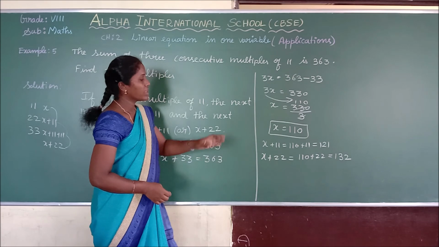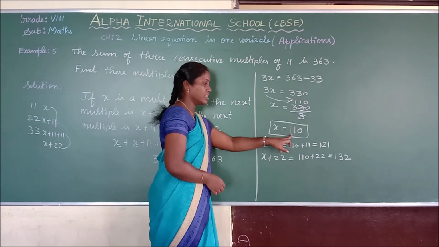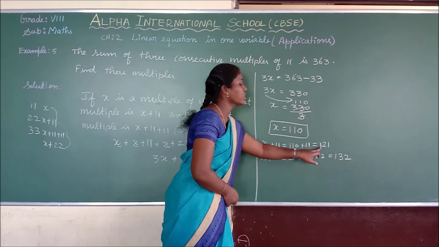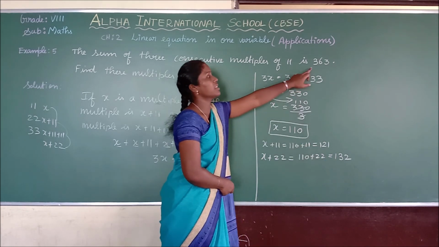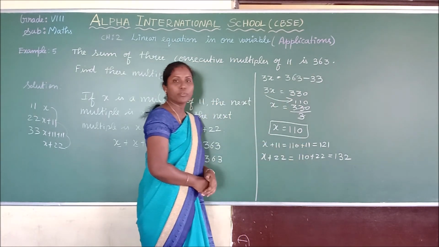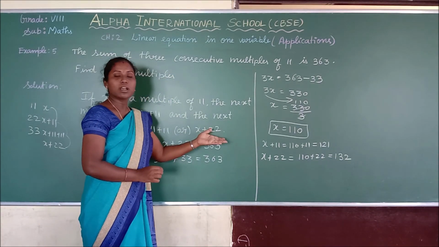Okay, so here the three consecutive multiples of 11 are 110, 121, 132. If you add these three numbers, surely we will get the result 363. So these are the numbers we have to find. They are the three consecutive multiples of 11.